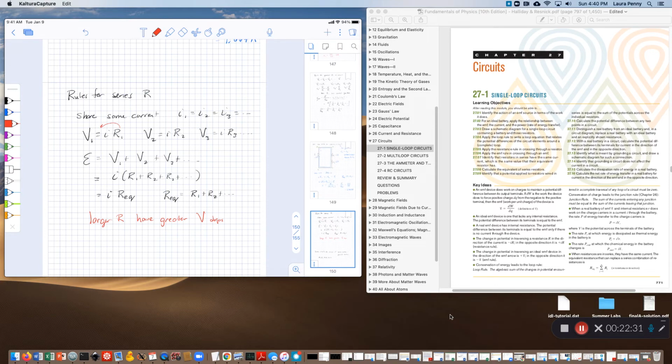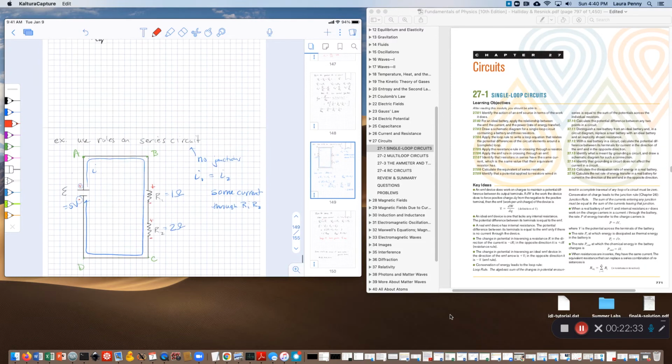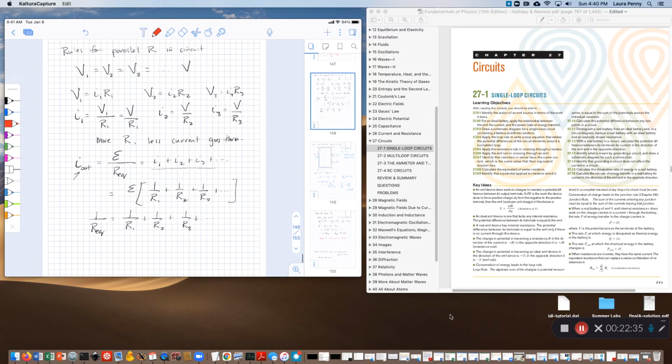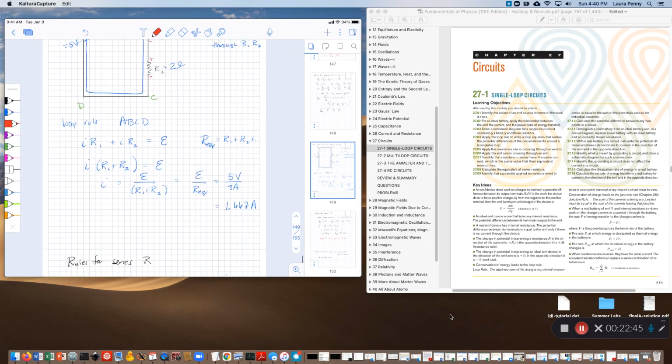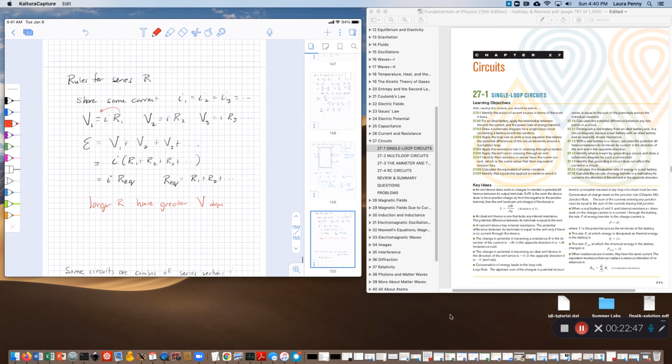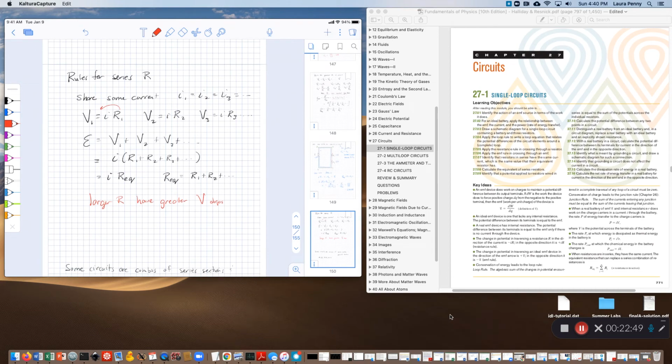Whereas in a parallel circuit, the more resistance something has, the less current it has. And so there really is a real intrinsic difference between what's happening in these two different things. We should have come up with these rules for both of these. This is sort of what we're supposed to come up with after our first lab, simple DC circuits, this idea of what happens in a series circuit and what happens in a parallel circuit.